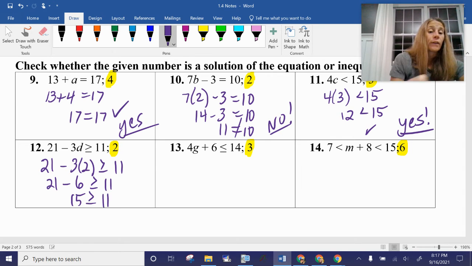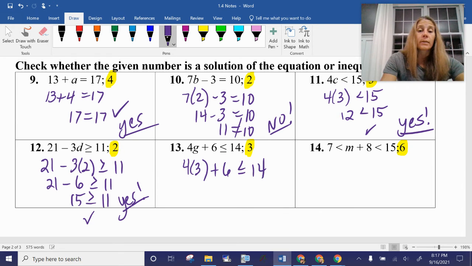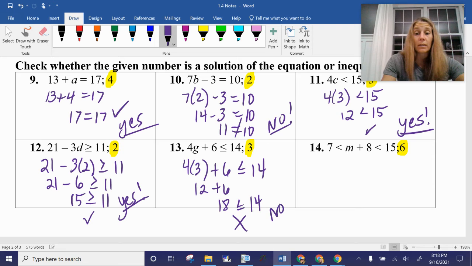I'm left with 15 is greater than or equal to 11, which is true. So yes, 2 is a solution to that inequality. 13, 4 times 3 plus 6. 12 plus 6 is 18, which is not less than or equal to 14. So no, 3 is not a solution to that inequality.